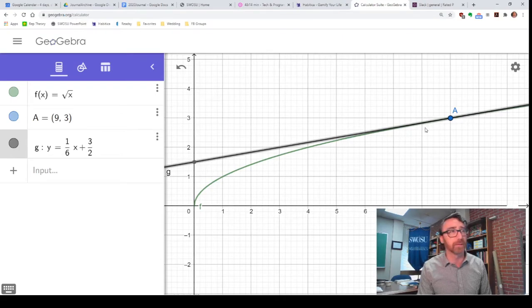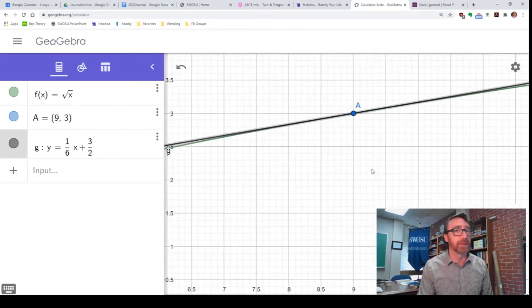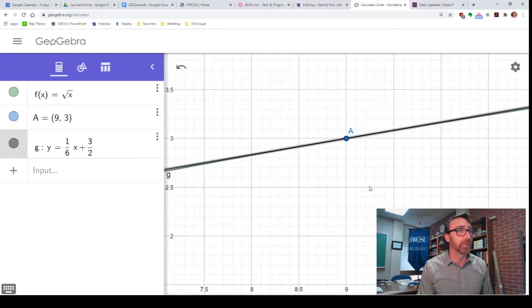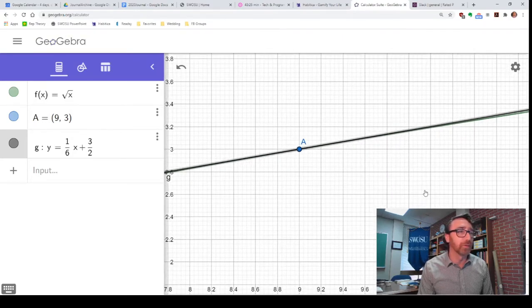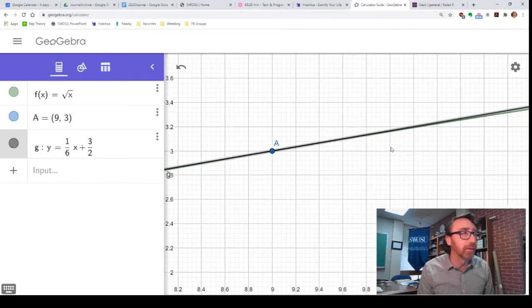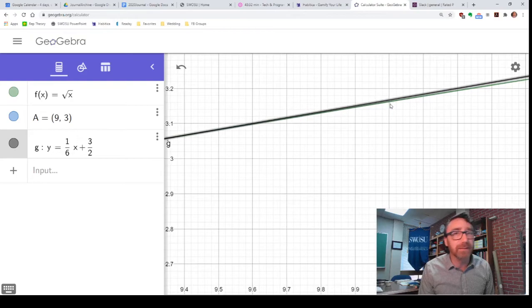It looks like they overlap. But if we zoom in near that point, we can see how it's actually bending away a little bit sooner than we might think. So when we get to x equals 10, the graph is a little bit above. You see that tiny little bit of difference there.